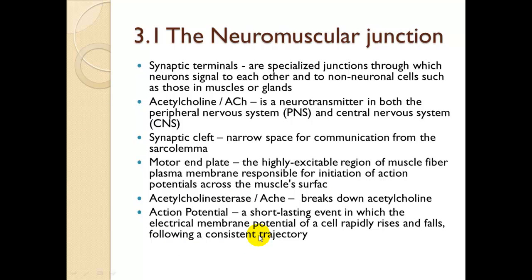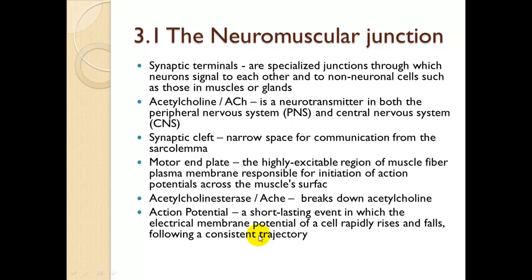Acetylcholinesterase, or AChE, breaks down acetylcholine. And then another term here, which is action potential, a short-lasting event in which the electrical membrane potential of a cell rapidly rises and falls following a consistent trajectory.